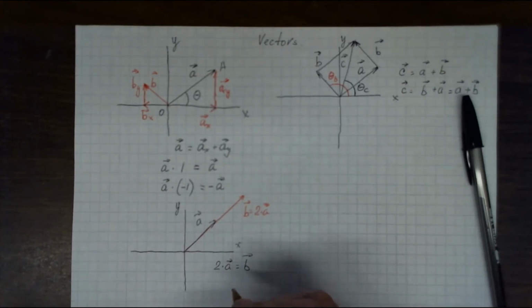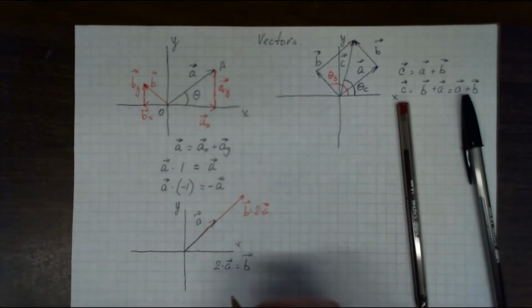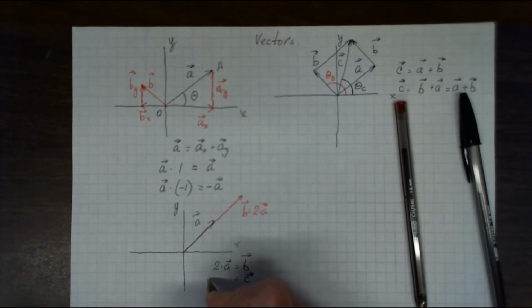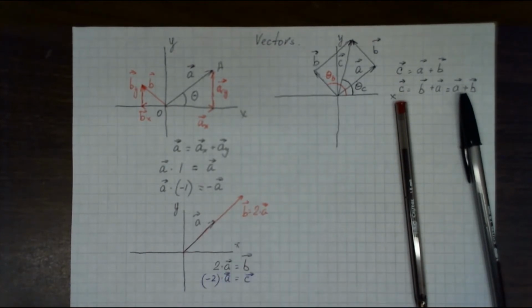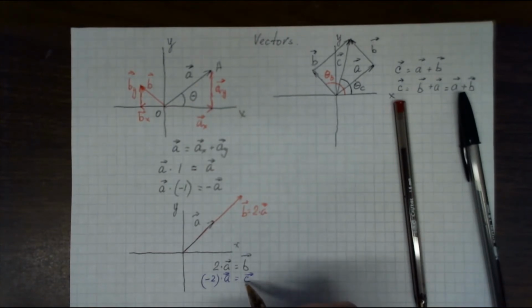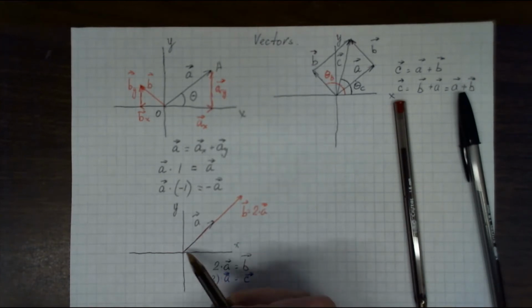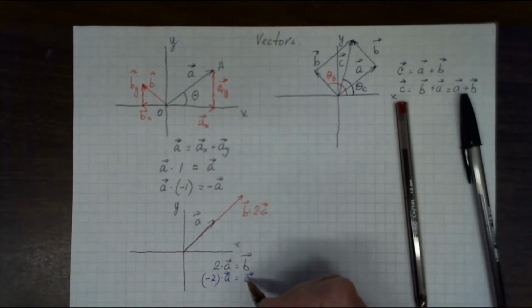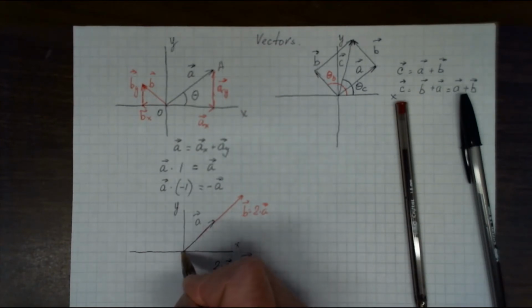Now, if I want vector C, which is -2 times A, so vector C will have twice the magnitude of vector A, but the direction of vector C will be opposite to the direction of vector A. So here we go.